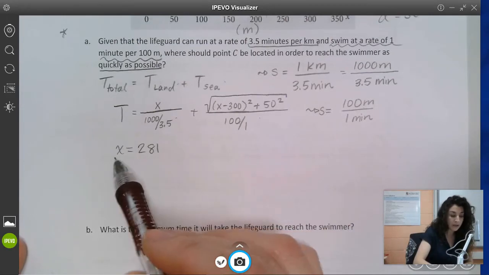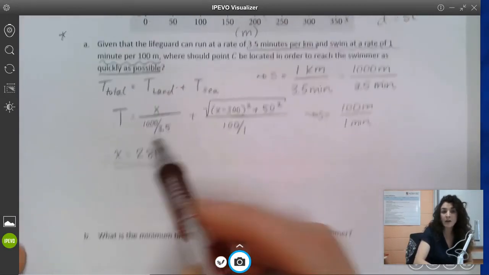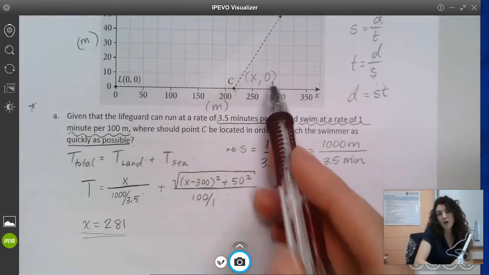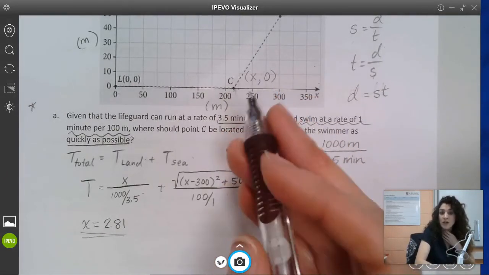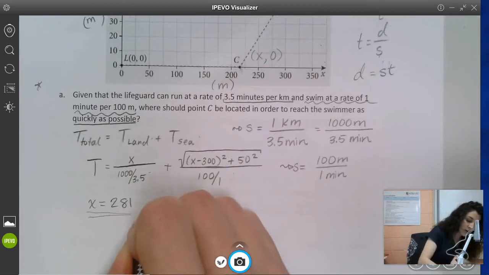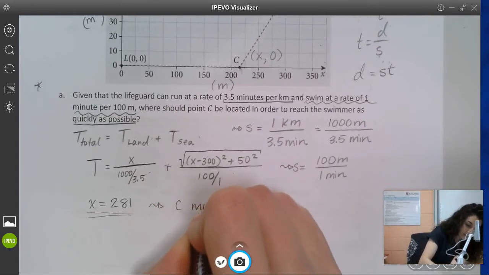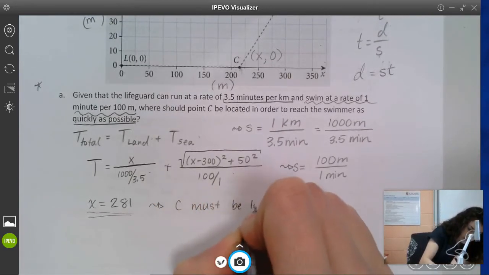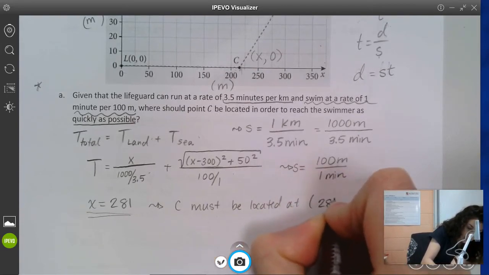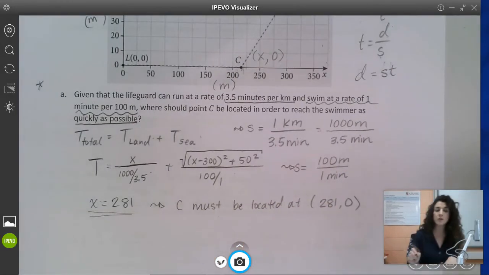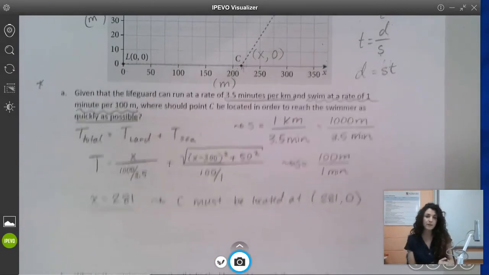And we know, oh, well, X must be the value where C is located. And we know the Y value because we knew the situation in which this needed to be. And so C must be located at 281, 0 in order to minimize time.